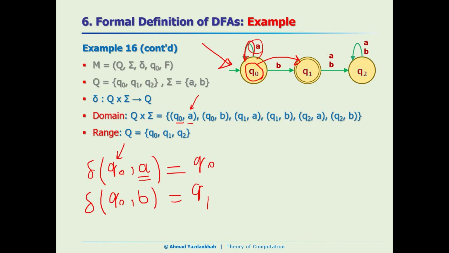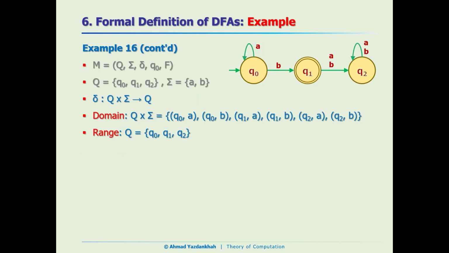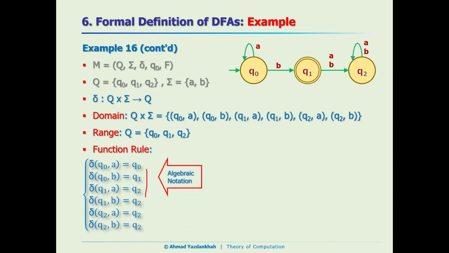And if we continue and write all of them by algebraic notation, then we will get this. And for example, this one, Q2B. So if we are on Q2 and we read B, it is saying stay on Q2. So the result will be Q2.